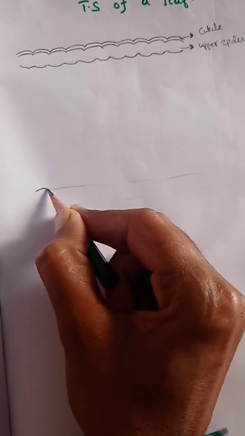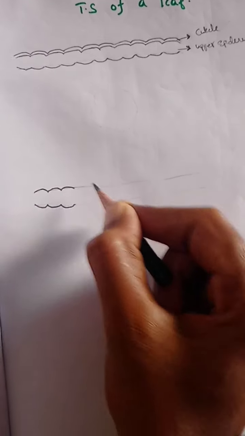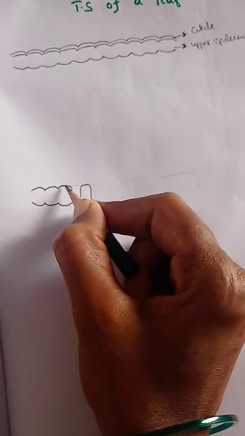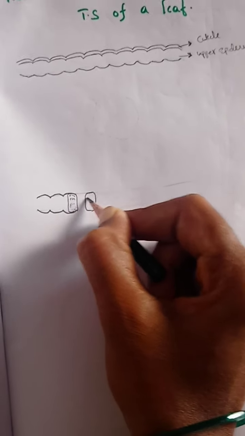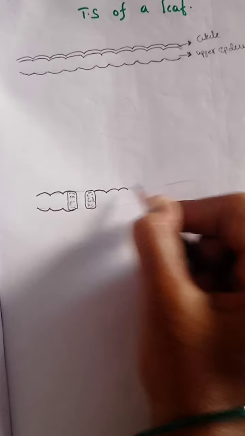Next, in the down part, you have to give some space here because here you will get the guard cell and also the stomata. Guard cell you have to draw like this, and continue like this.